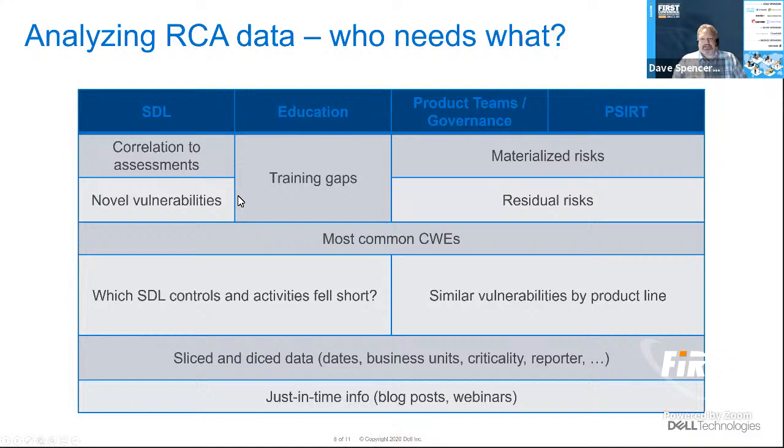So this is a bit of an eye chart, but basically trying to explain here, now that we have all this data, who's consuming it and who are the different stakeholders that we involve and what data do they need from us and what value are we trying to add to the security posture of Dell by doing this root cause analysis.